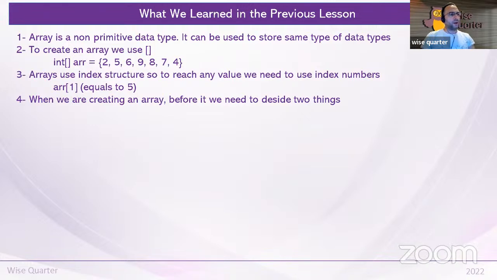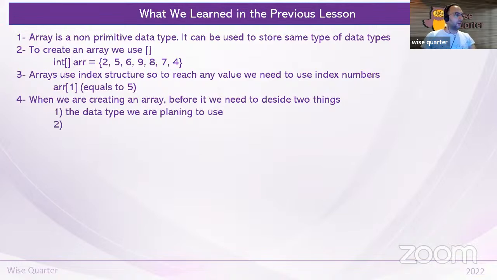First, the data type we are planning to use. You know, arrays can store only one data type. If you have created an integer array, you can only store integer numbers. If it is a string array, you can save only text values.